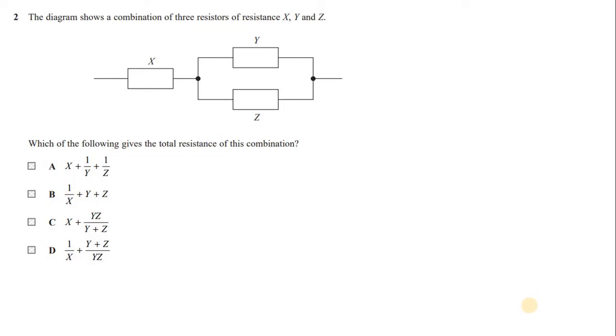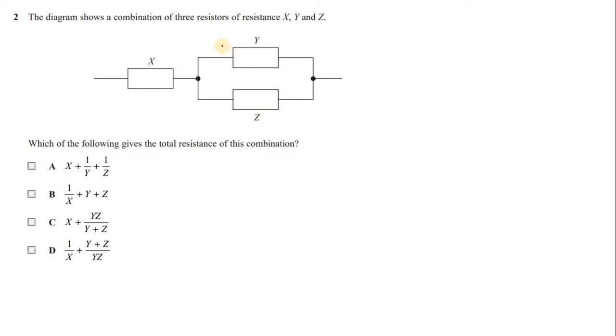Question number 2. The diagram shows a combination of three resistors of resistance X, Y, and Z, and this is the circuit diagram given. Which of the following gives the total resistance of this combination? Because values are not given, we need to write a general expression for total resistance. Clearly, Y and Z are two resistances in parallel.